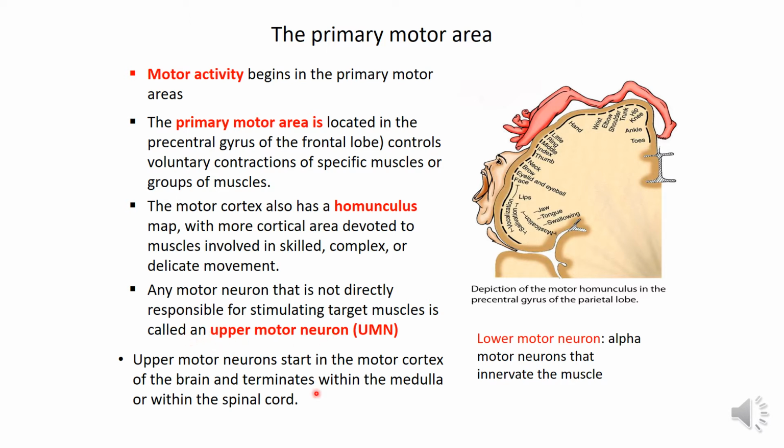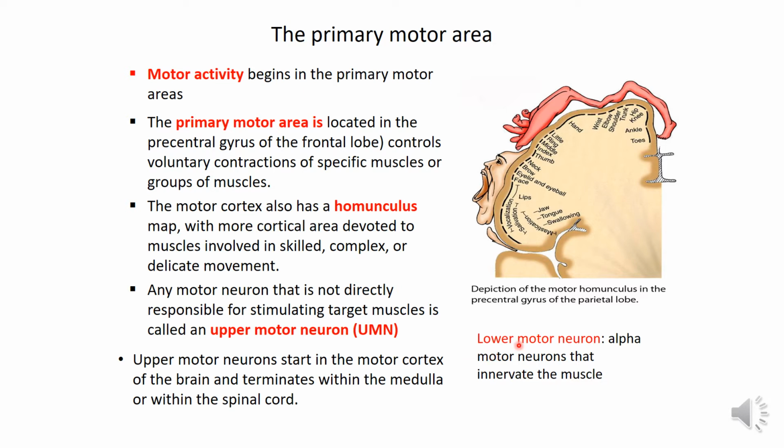For example, if you would like now to move your pencil or to move your hand or start writing something, what happens? You have impulses generated from the higher centers, and these impulses descend through the spinal cord through the descending tracts to reach the motor neurons present in the spinal cord that are connected to the muscles of your hand to control them.